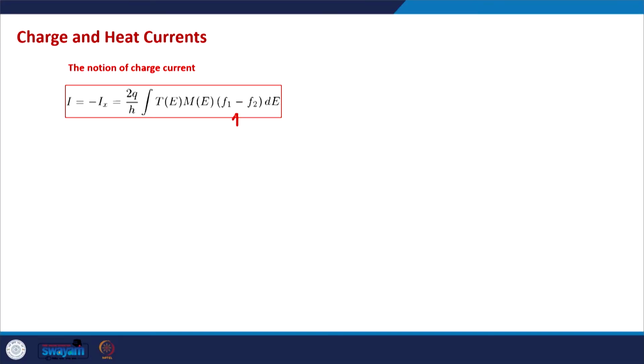So this is how we define the charge current, and in this case this expression becomes the expression for charge current, because we have this factor of Q here. If we remove this factor of Q, this expression will give us just the particle flux when there is a difference in the Fermi functions between the left contact and the right contact.